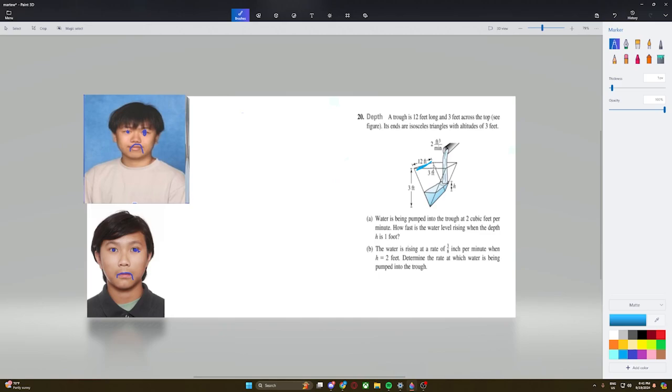So across the top, this is 3 feet. Its ends are isosceles triangles with altitudes 3. What? You're saying this is 3 feet too? Who knows?